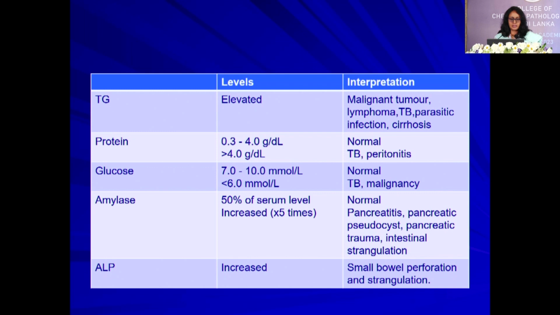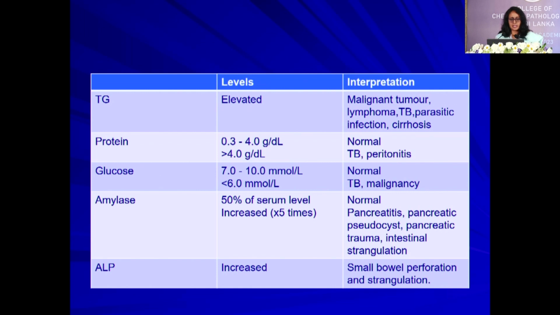If the protein level is between 0.3 to 4 grams per deciliter, that is normal. If it is more than 4 grams per deciliter, that indicates it can be TB or peritonitis. And the normal glucose level is 7 to 10 millimoles per liter, and if it is less than 6 millimoles per liter, that means it is TB or malignancy.